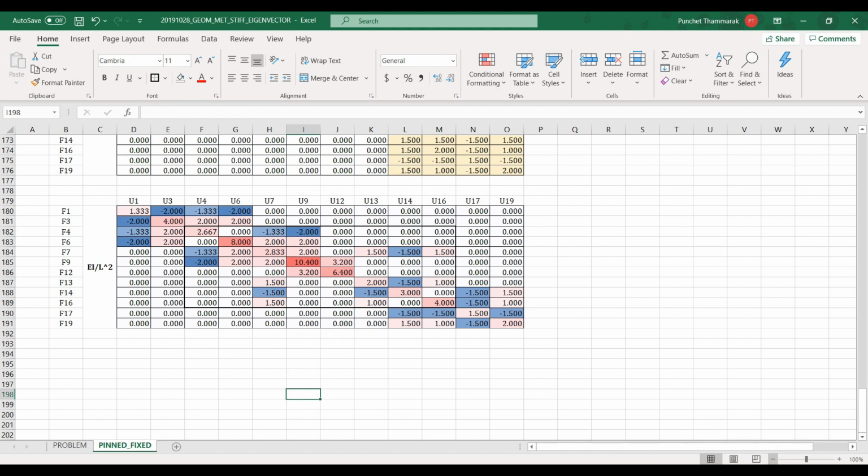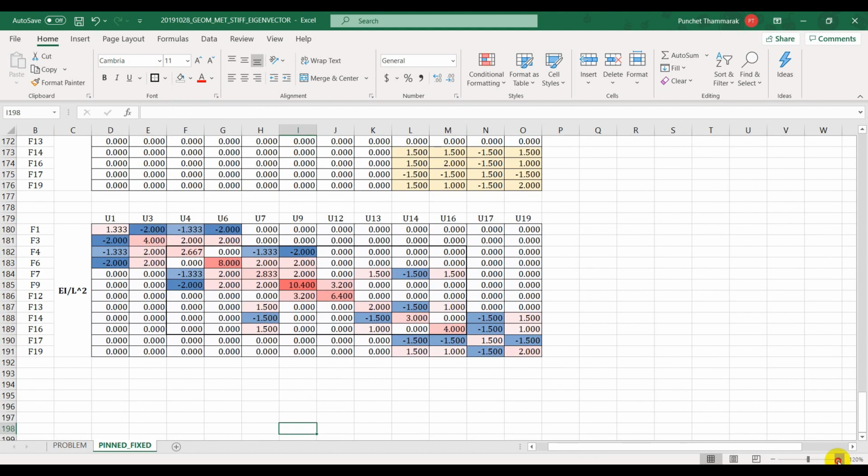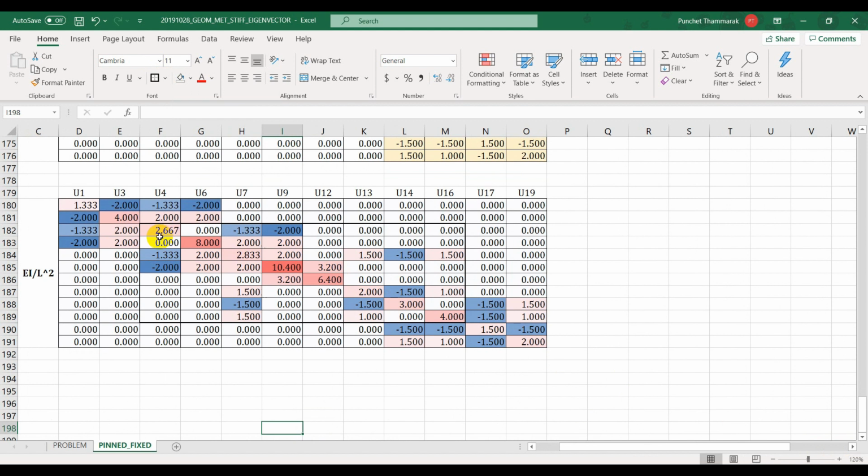Can you see clearly? The part in the thick line in here, we discard the 1, 3, and 17, 19 DOF and rows out of the consideration. So we just need to care about this.